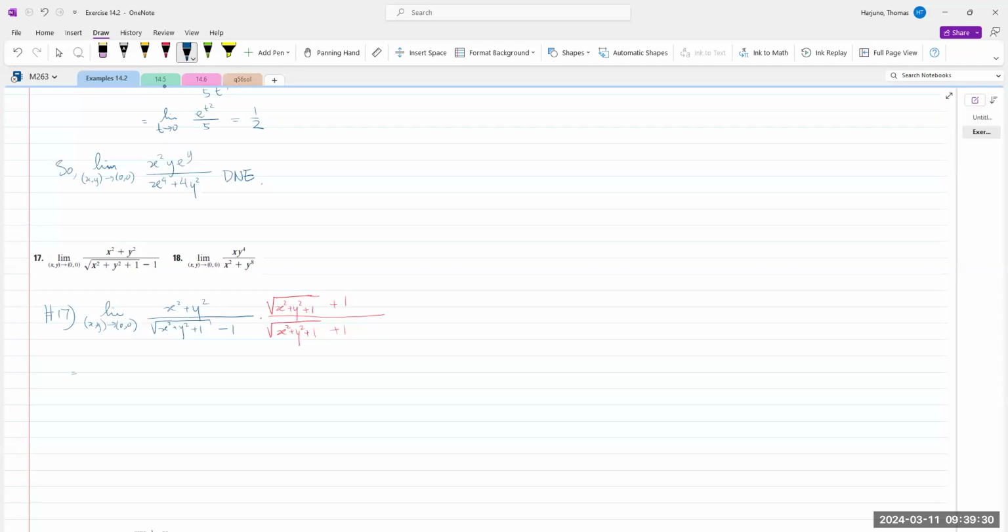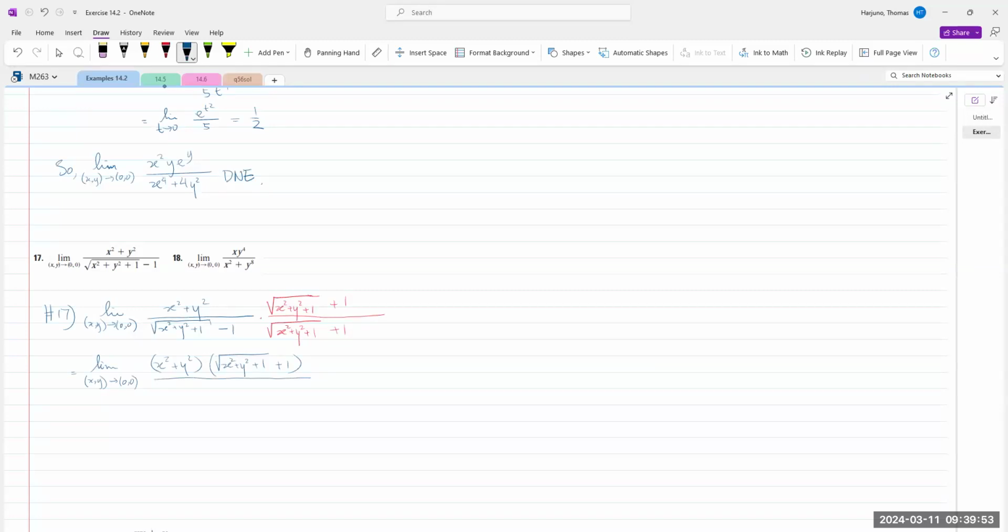So when I multiply by the conjugate, the limit as (x,y) goes to (0,0) of x squared plus y squared times square root of x squared plus y squared plus 1 plus 1 over the denominator.